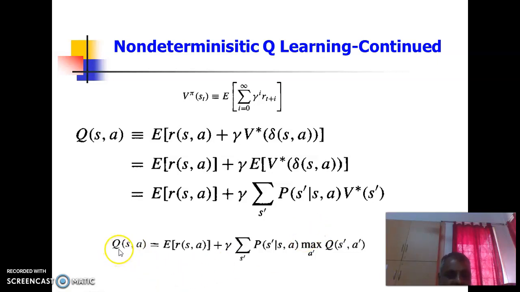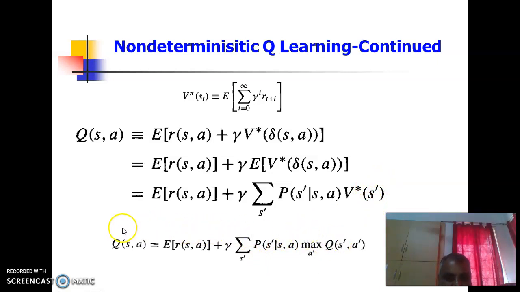So we'll rewrite it as Q of s comma a is equal to expectation of r of s comma a plus gamma into summation over s dash, where the sample value is now replaced by the max Q function, because this is the optimal policy, max over a dash of Q of s dash comma a dash, into the probability of s dash given s comma a. I already told you the probability of this will be assigned to the conditional probability of s dash.